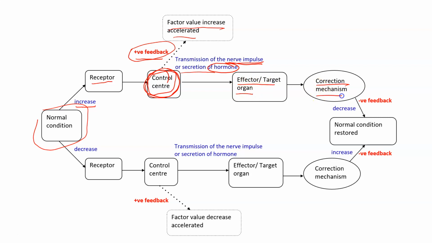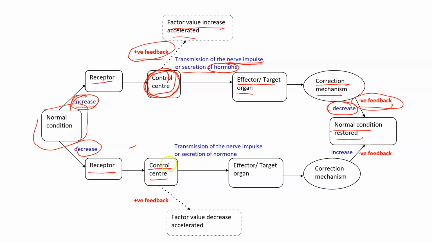So corrective mechanism, for negative feedback, if the factor increases, it decreases back to the normal set point, that is negative feedback. And vice versa, if the normal condition decreases, it is detected by the receptor, the stimulus, and then sent to the control center.